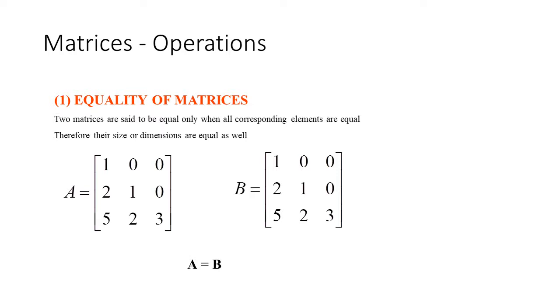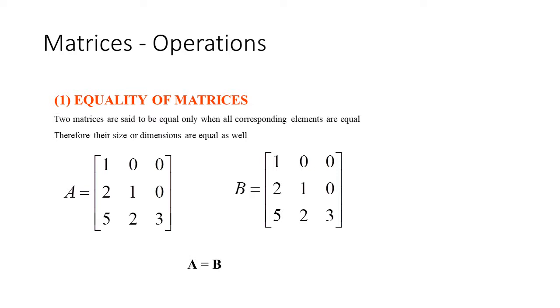The first one we are going to see is the equality of matrices. Equality means equal matrices. When will we say two matrices are equal? Two matrices are said to be equal only when all the corresponding elements are equal. Therefore, their size or dimensions are equal as well.